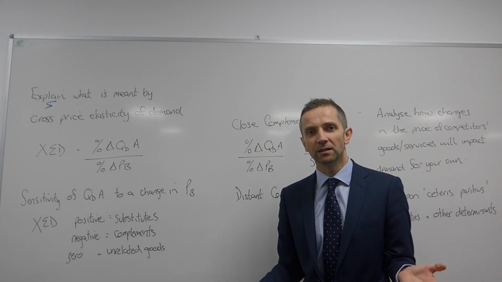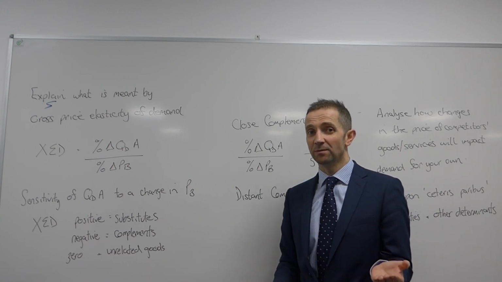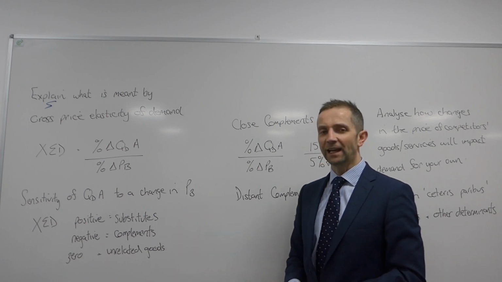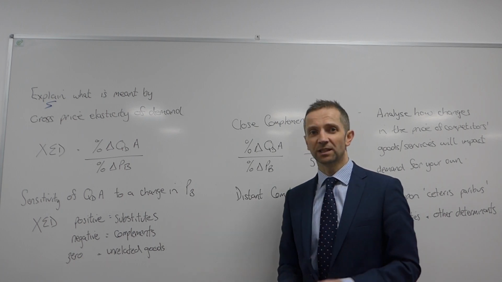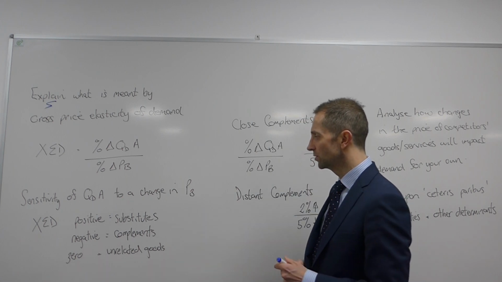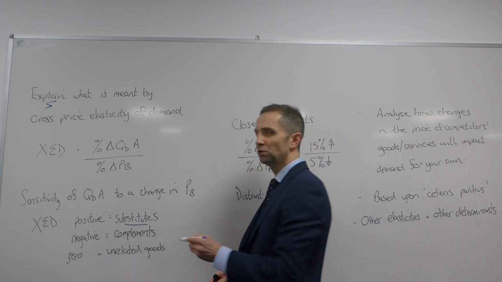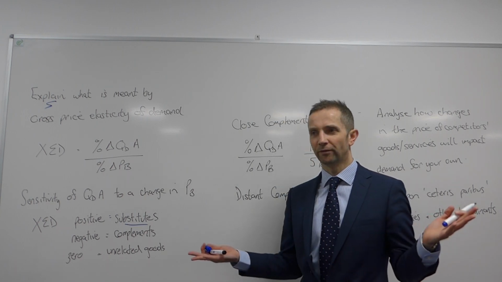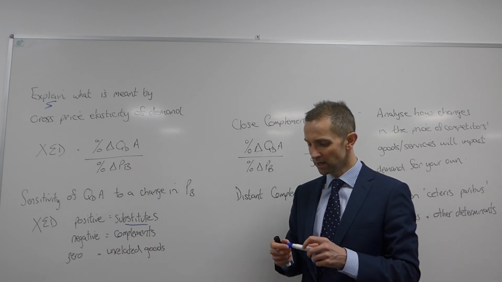So we can have three outcomes. Normally in an exam scenario you'll only really be presented with the first two. So if XED, cross-price elasticity, is positive, then we're talking about substitute goods. So take two substitutes, so coffee, tea, apples, pears, whatever it may be.